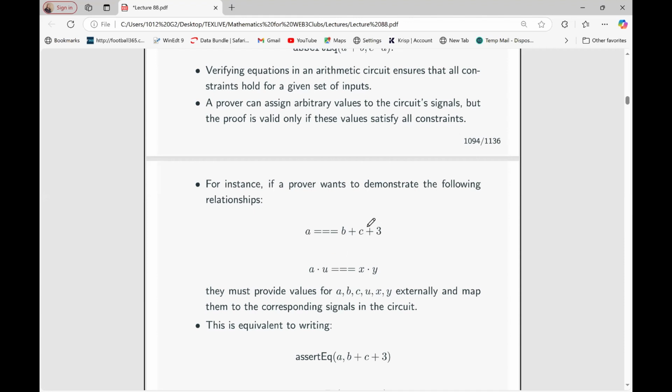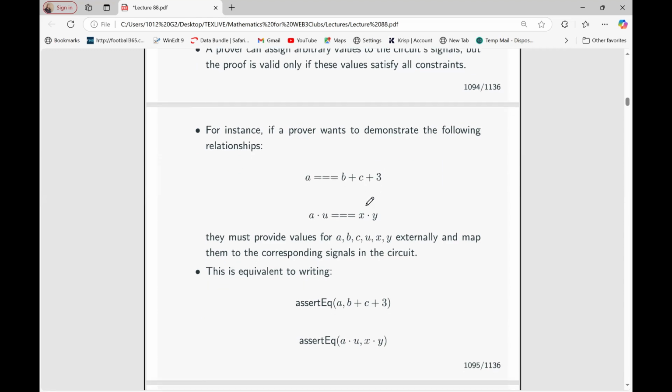Then the prover is supposed to provide A, B, C, U, X, and Y, and they must satisfy all these equations.